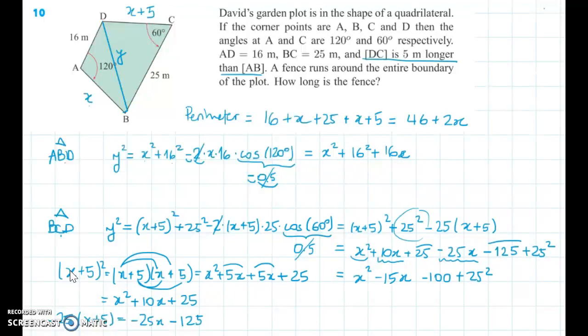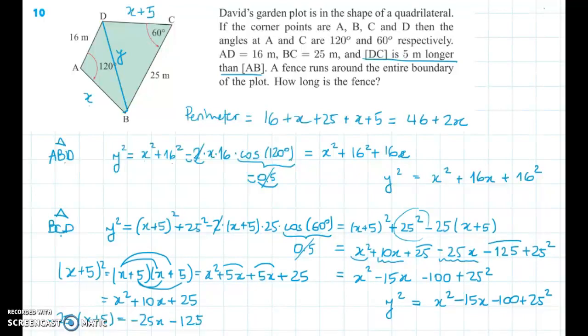So what we got is one way of writing y squared using triangle ABD, saying that y squared is x squared plus 16x plus 16 squared. And another way of writing y squared using the other triangle, where we got x squared minus 15x minus 100 plus 25 squared.